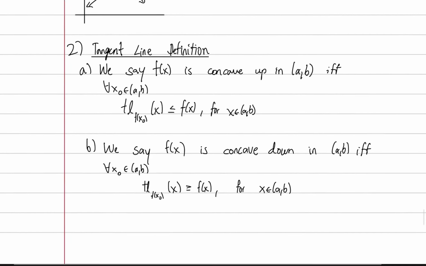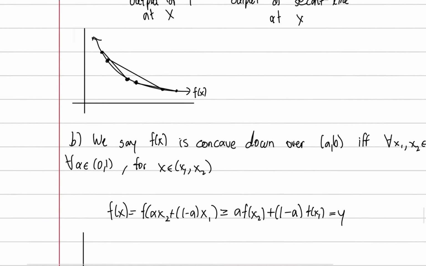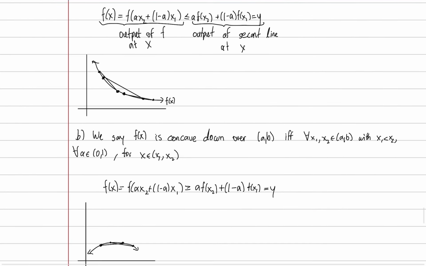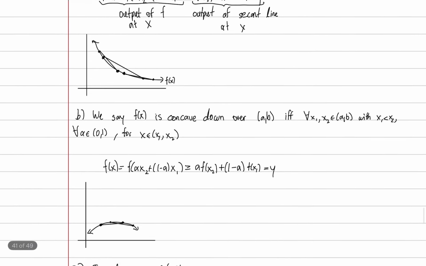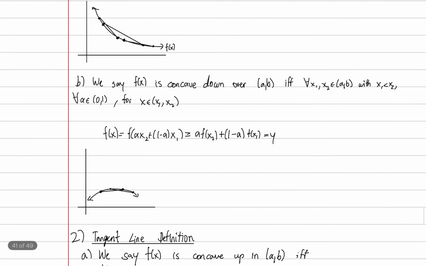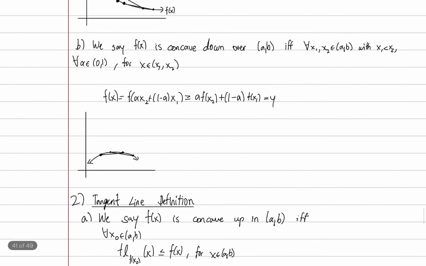Here, I don't have a graph, but you can imagine that if we draw any of the tangents, they're going to be below, and in the concave down case, they're going to be above.